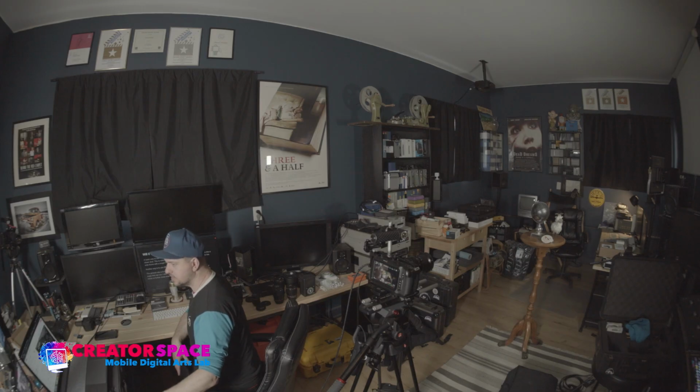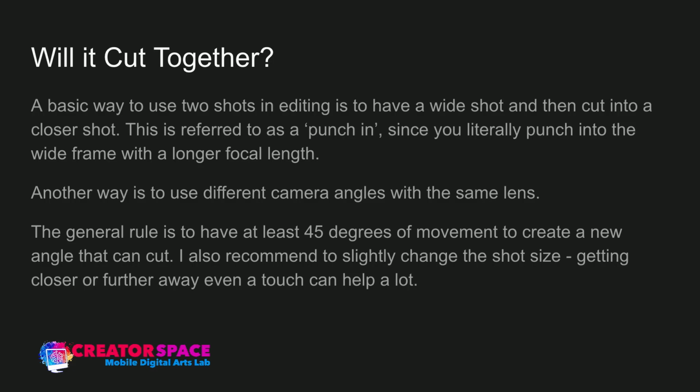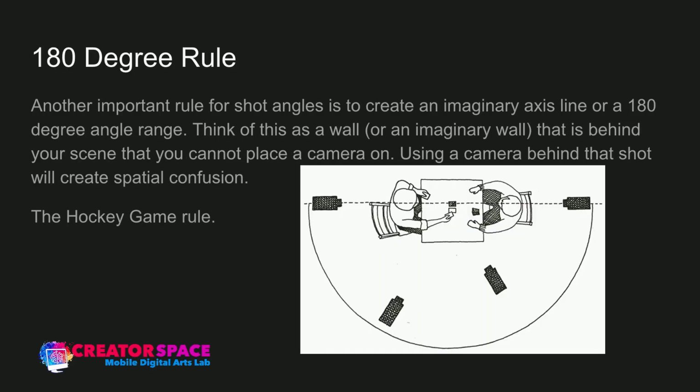So again, from here to here, great, two different shot sizes, two different angles, and that will ultimately cut well together, except for one thing, and that's the next thing we're going to look at, the 180-degree rule.